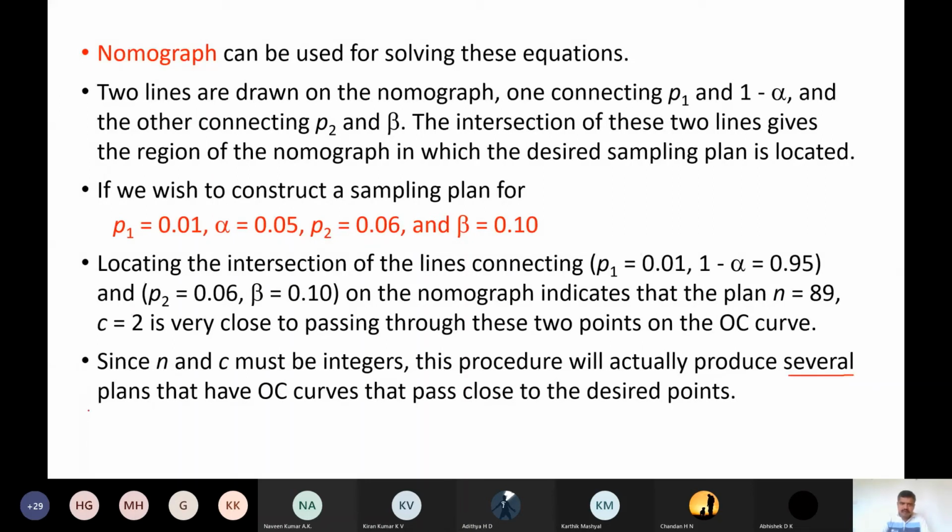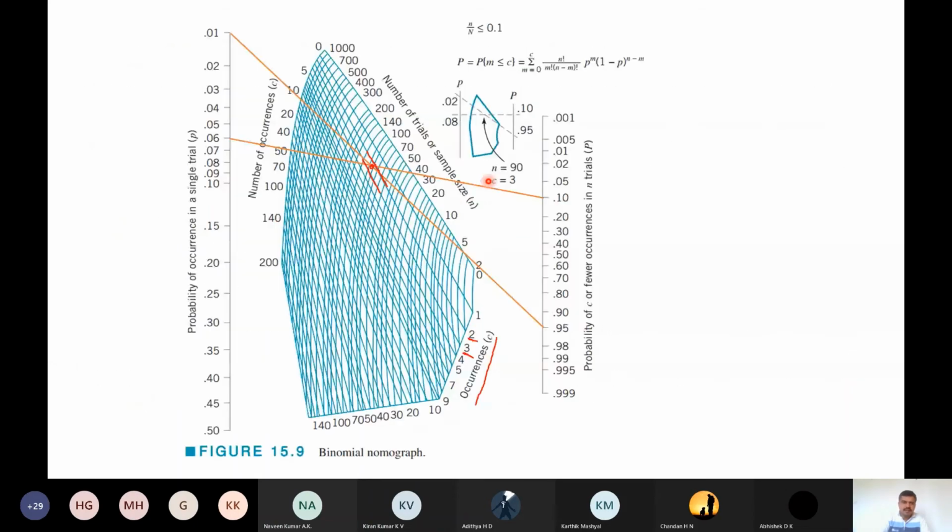So now you will get an idea. It will be 3. So they have considered it as 3. Next, if you want to get the N value, the scale is 2, 5, 10, 20, 30, 40, 50, 70, 100. This is 100.